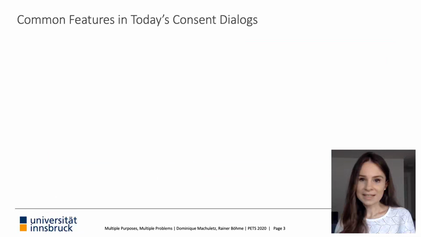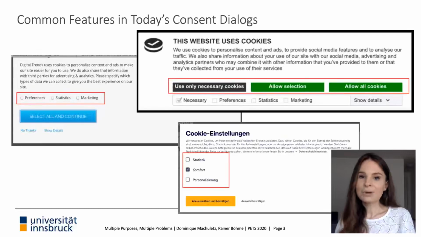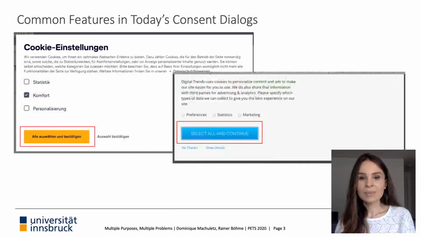When looking at consent dialogues and cookie banners of popular websites, we observed common patterns. First, as already stated, the user often has to choose between multiple purposes. Second, we observed some cookie banners with a highlighted default button, which automatically accepts all purposes, regardless of whether any checkboxes have been selected before the user clicks this button.